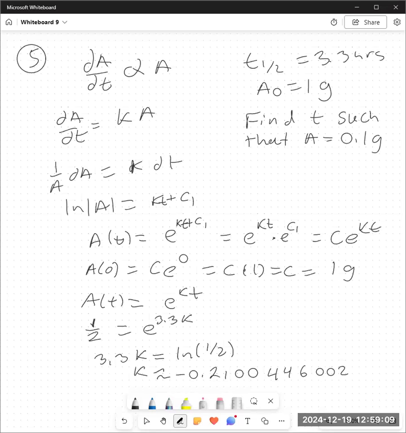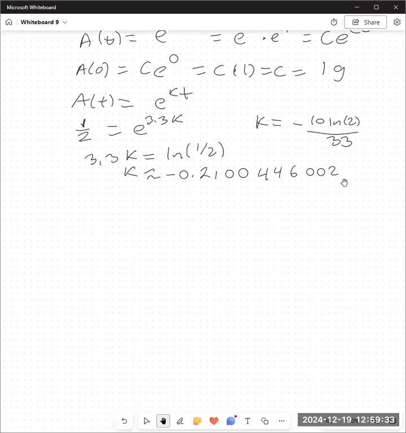So it's exactly equal to negative 10 ln 2 over 33, if you would like to have an exact form of that answer, but this is what it is in decimal approximation, and that'll be good enough because we're going to round to the nearest hour.